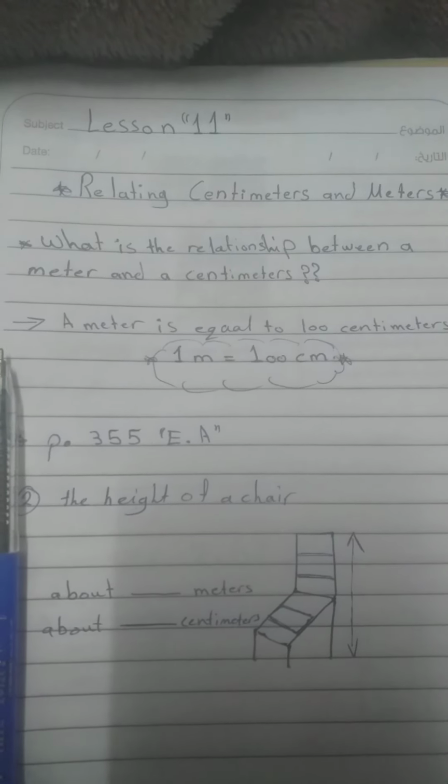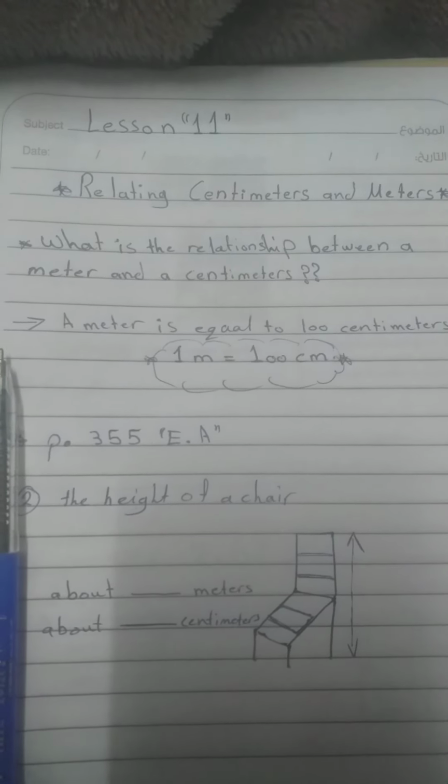If we measure it using centimeters, it's about how many centimeters? It's nearly about 200 centimeters, okay? Now, if we know that its length is 200 centimeters, how many meters?